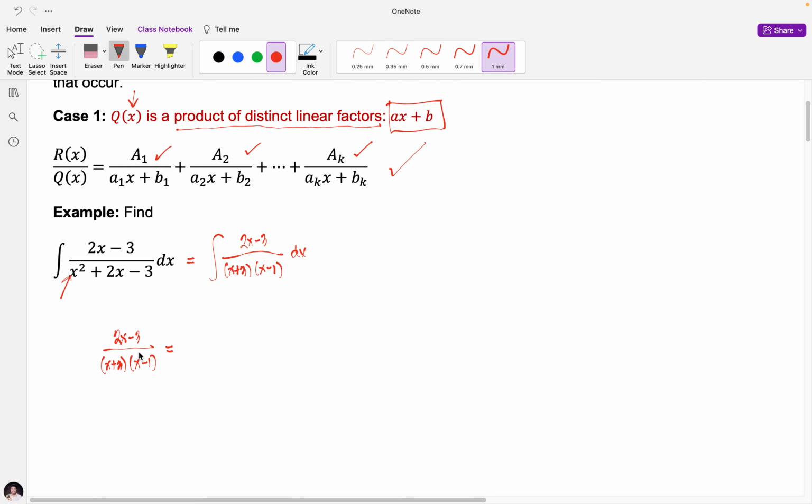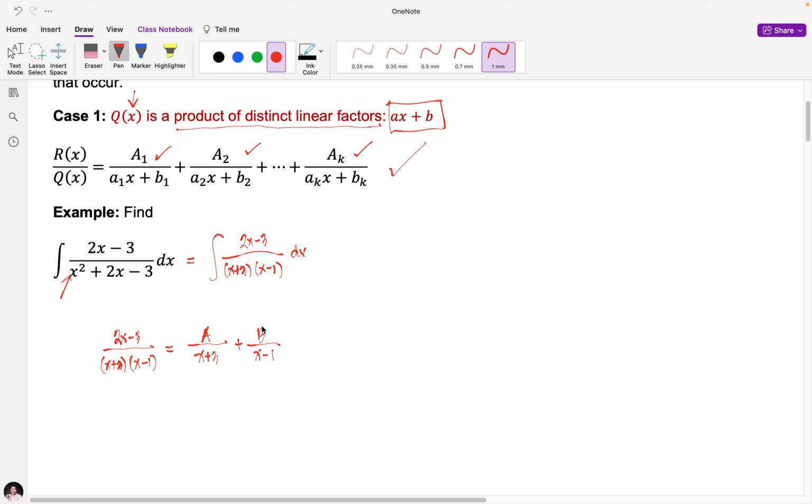So here, we can write this as A over the first linear factor x plus 3 plus B over the second linear factor x minus 1.